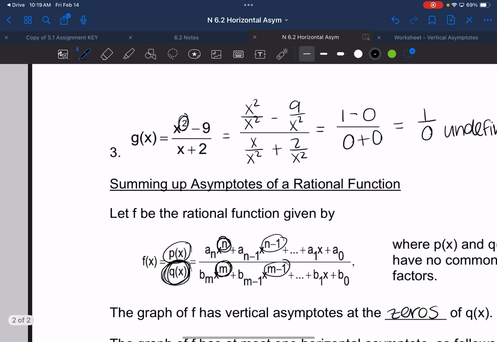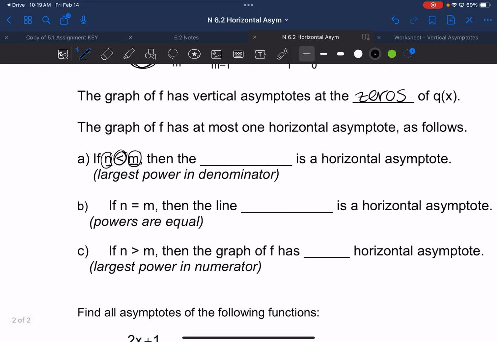0. Okay, so if the exponent on top is smaller, then you are going to have a horizontal asymptote on the x-axis, which is the line y equals 0. So when the larger is in the bottom. Okay, we do have a little acronym to help us remember this.